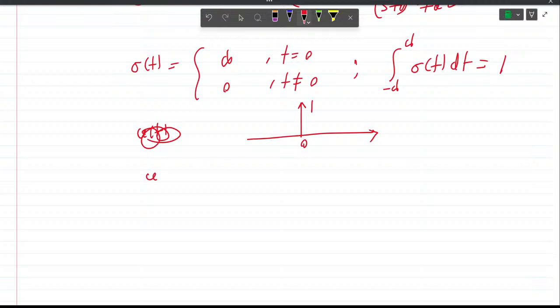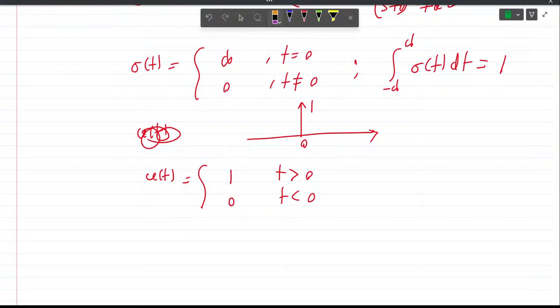So now u of t, the fundamental unit step. u of t equals 1 for t greater than 0 and 0 for t less than 0. We are not bothered about the value of t at 0, because it is discontinuous, okay.